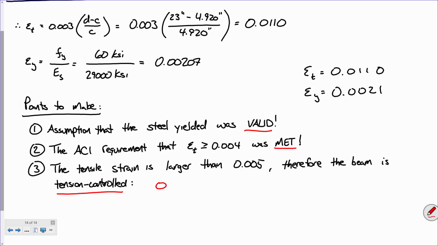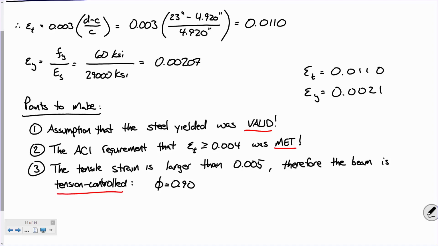And phi is 0.9. Does everybody see that? So we got a lot of information from that strain in the steel. We know that the steel had yielded, it met ACI requirements, and that told us that phi was 0.9. Is everybody okay with that?